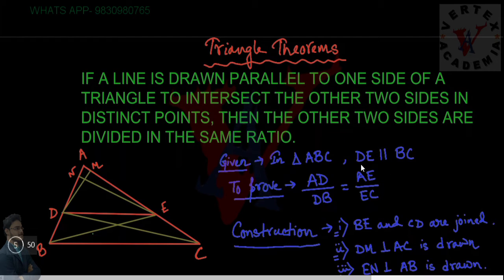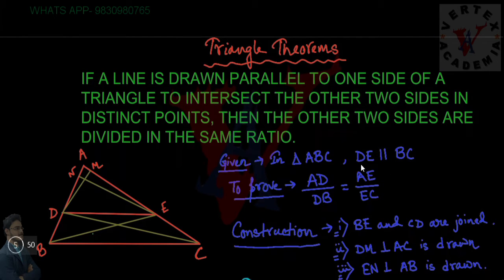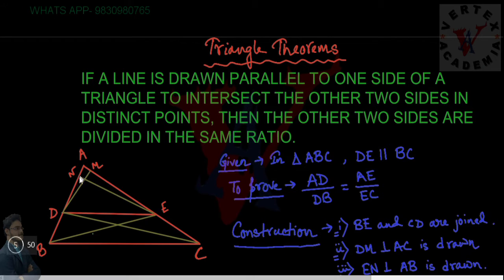The first type of approach is to find the area of triangles which contain these sides AD, DB, AE and EC. For example, let us take this triangle ADE. By construction, DM is perpendicular to AC, which means DM is perpendicular to AE.